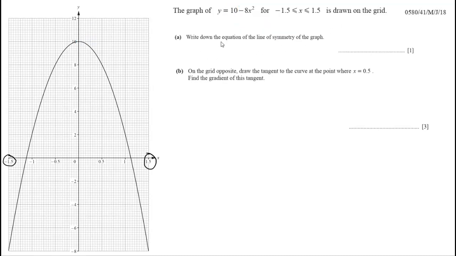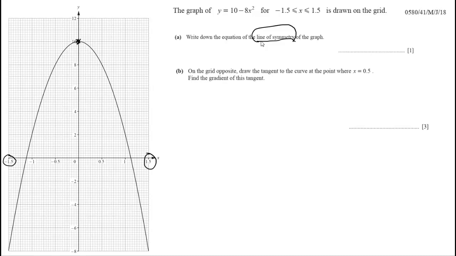Write down the equation of the line of symmetry. In a quadratic function we always have a line of symmetry, and this line of symmetry always passes through the highest point, the turning point. So this is the turning point, and it is the highest point right now.